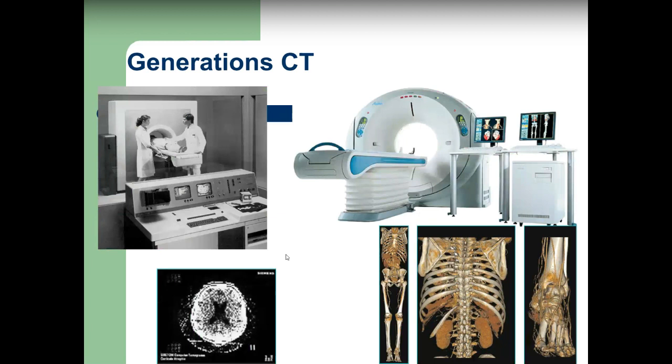At the left you can see a head, you can see the brain. This picture had lots of artifacts. The quality and resolution of this image were very bad, and you could hardly differentiate between bones and white matter or gray matter.